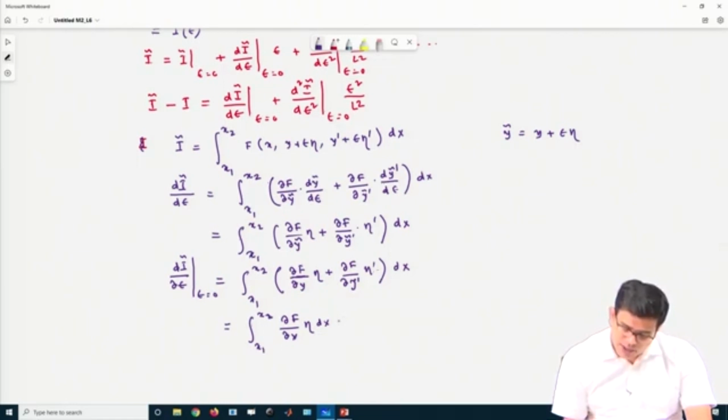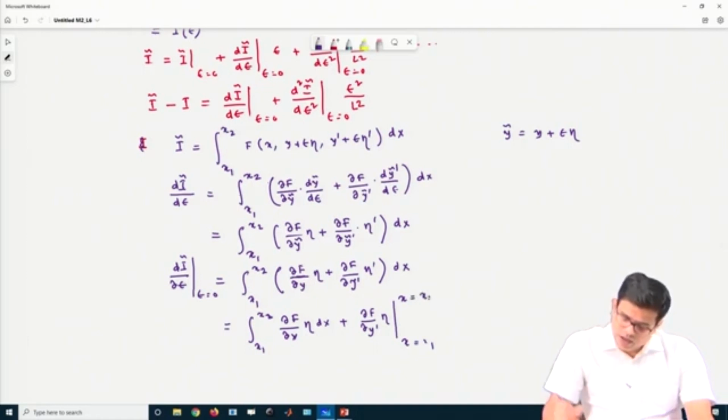So if I do the integration by parts, then what I will have is plus del f by del y prime times eta, evaluated from x equals x1 to x equals x2.